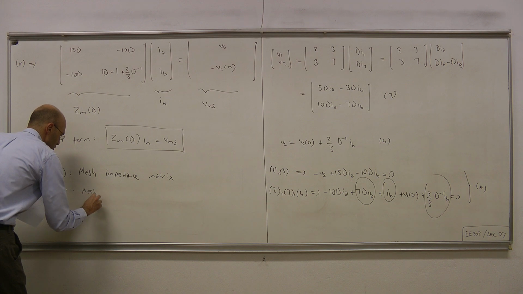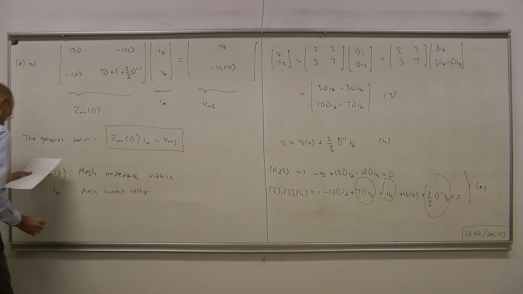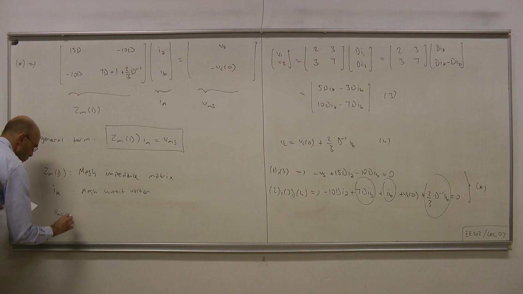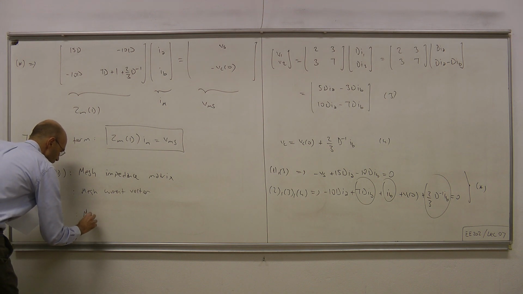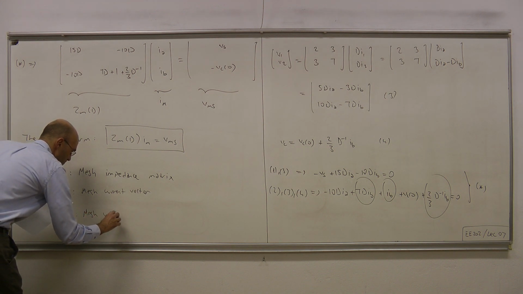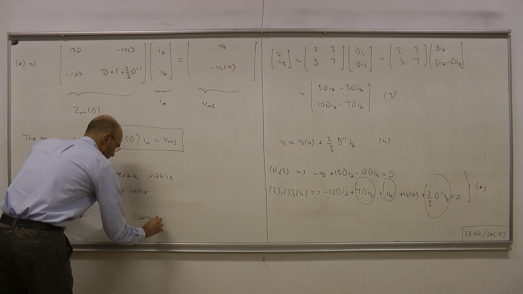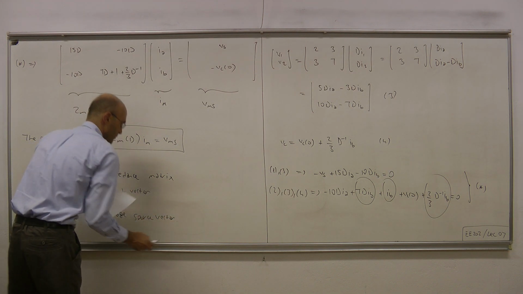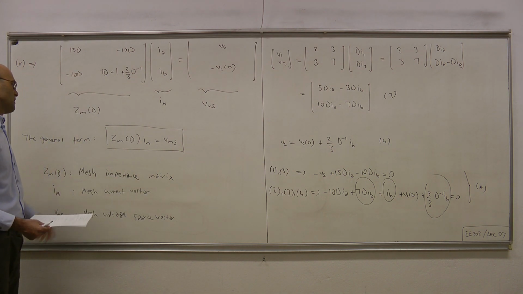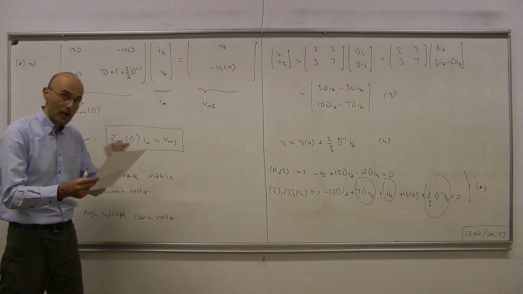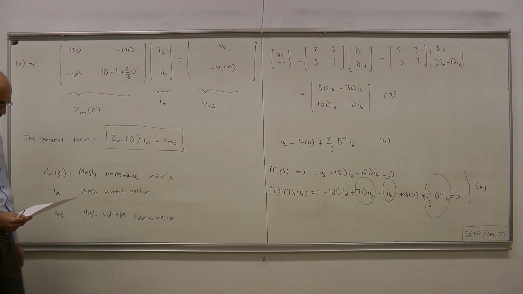Therefore, it's called mesh current vector. This is the dual of the right hand side for the node analysis, and it's called mesh voltage source vector. Okay, it's not really that important what they're called, but sometimes it becomes handy when you try to communicate with other people.